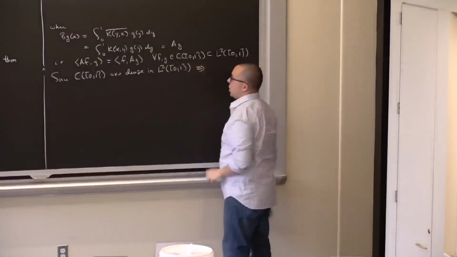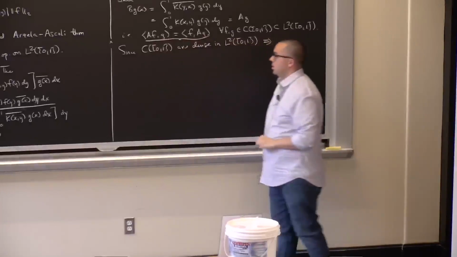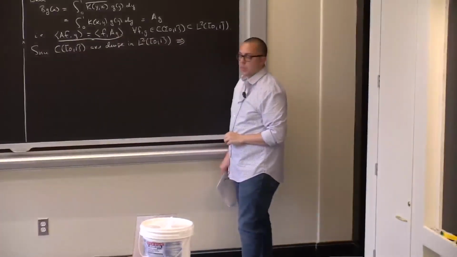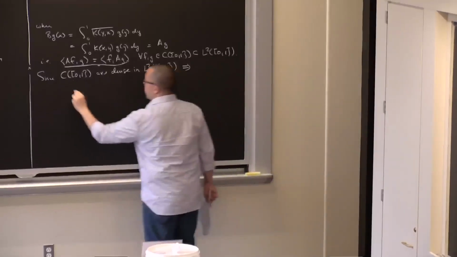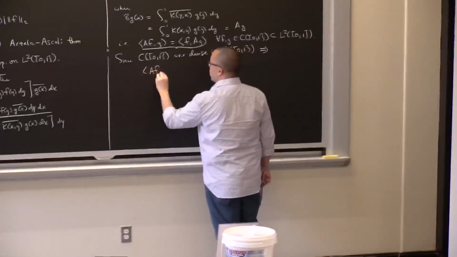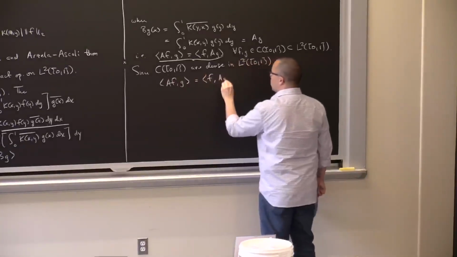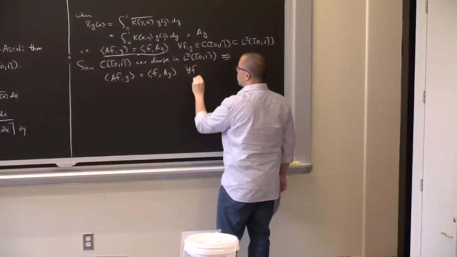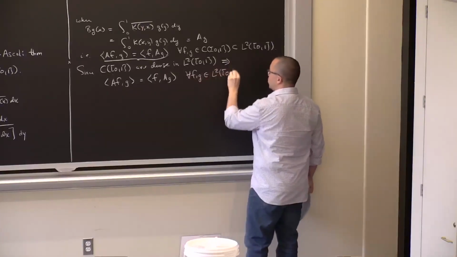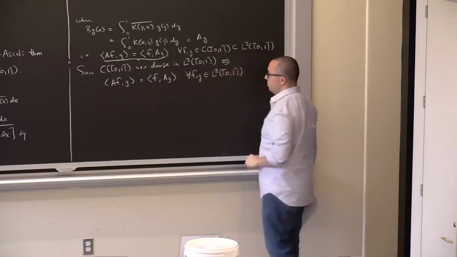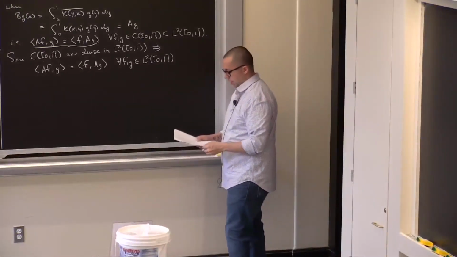And the density argument implies that this relation has to hold for every f and g in L2. Okay? It implies that in fact Af paired with g equals f paired with Ag, not just for all continuous functions, but for all functions in L2. That proves that A is self-adjoint.